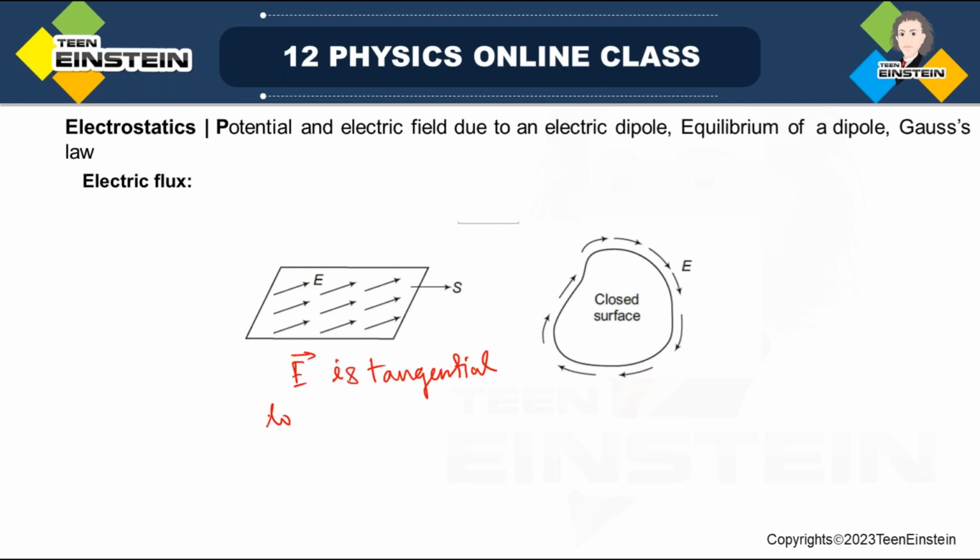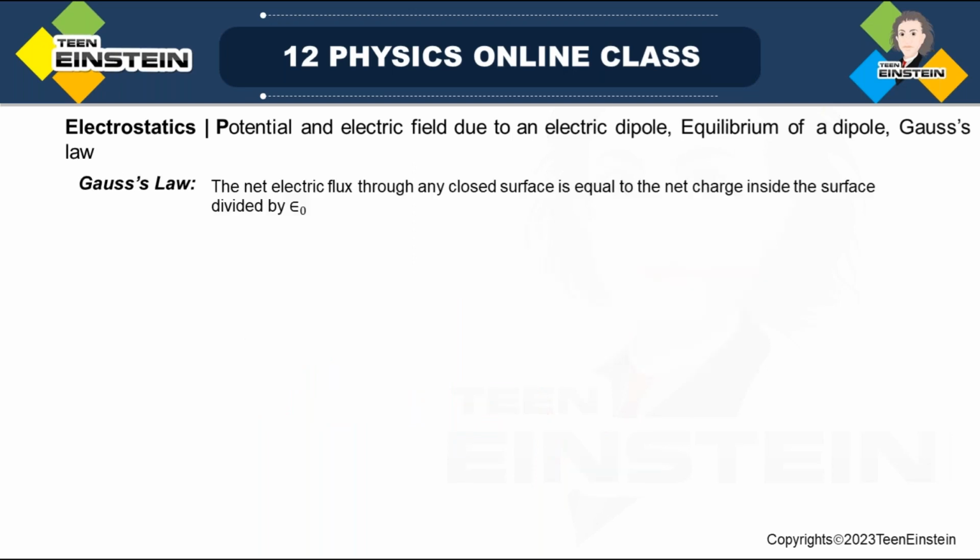Here also the electric field is actually tangent to the closed surface. This is an open surface, this is a closed surface. So in both cases phi will be 0. We have already discussed why.